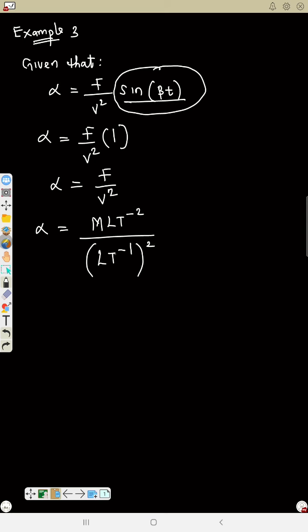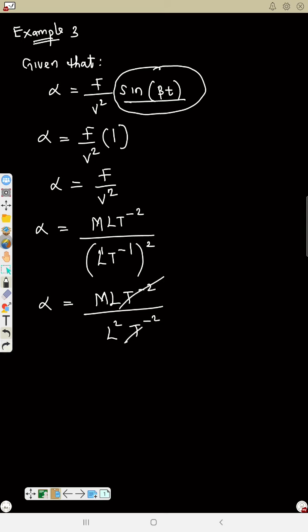So the 2 will affect everything in the bracket. That means alpha is equal to M L T raised to power minus 2 divided by L raised to power 2, then T raised to power minus 2. These two will multiply the powers to affect everything.